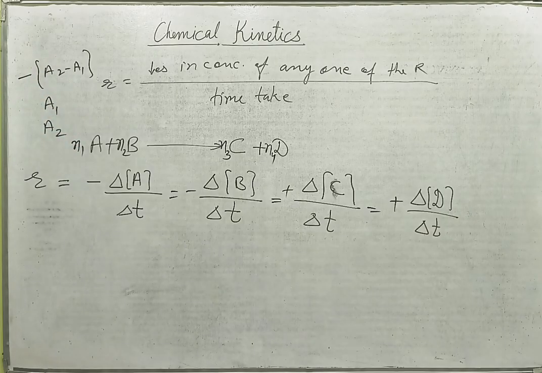So if it is n1, n2, n3, n4, then how do we express the rate of reaction?